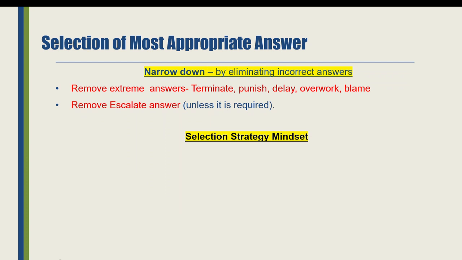Remove the escalate option unless it is really required. Remove incorrect options which do not match the question. For example, if there is an agile question and the option has something related to change request process, you can easily eliminate this option as change request process is not followed in agile methodology.